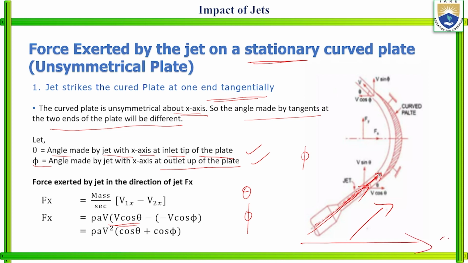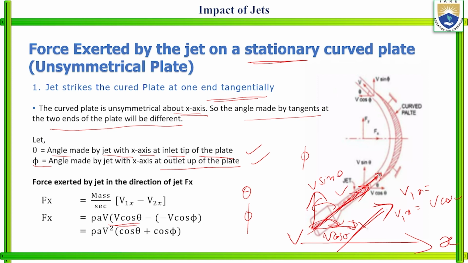Generally we consider the velocity of the jet along the x-axis, but here the water enters and strikes the curved plate at an angle. So this is v sin theta, this is v cos theta, and along the x-axis we want v1x, which is equal to v cos theta. This is v sin theta, and this is v.